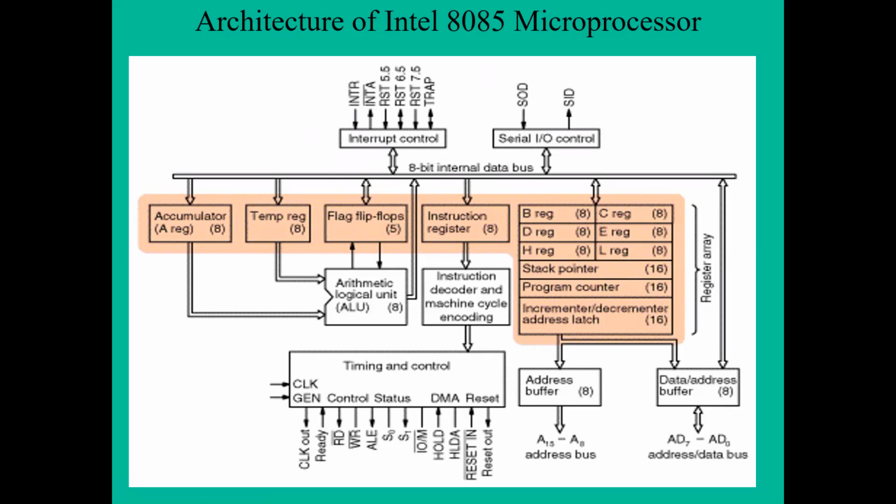Some of these interrupts have been discussed, like the microprocessor has 5 hardware interrupt pins: INTR, RST 5.5, 6.5, 7.5, TRAP. I have told you earlier, no? Can you remember this? Was it discussed last day?